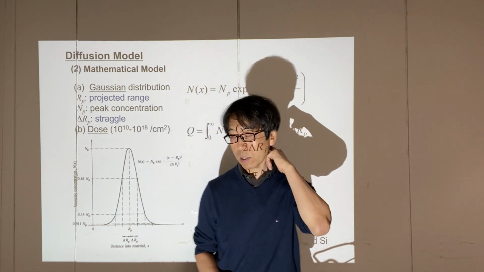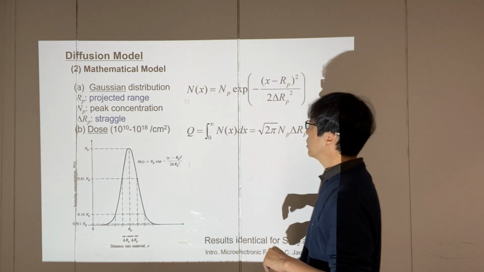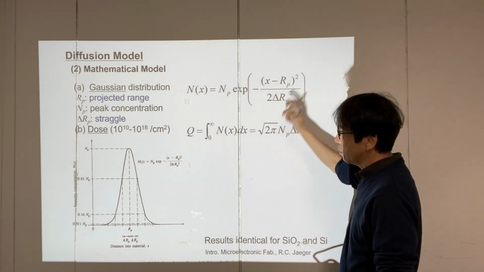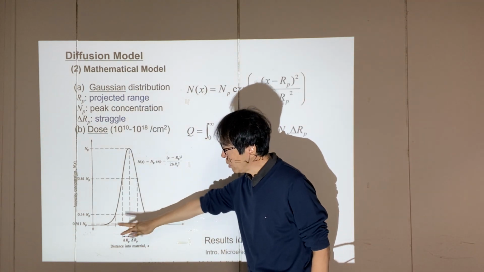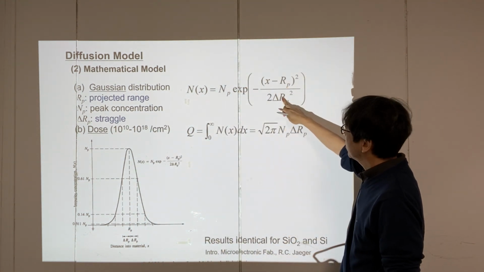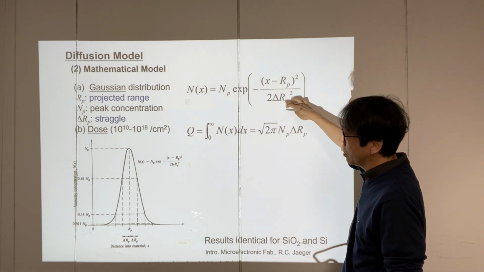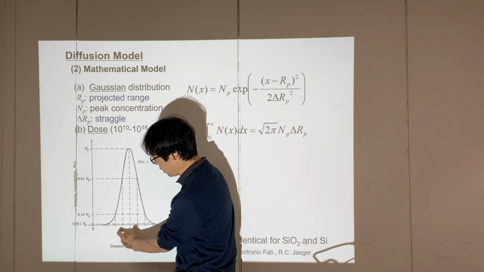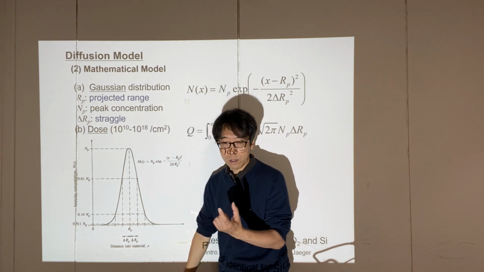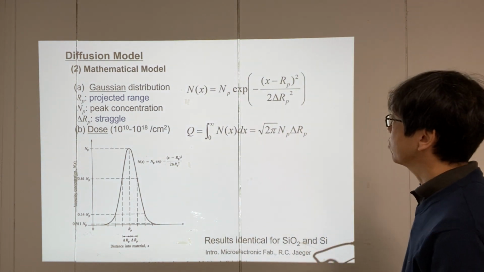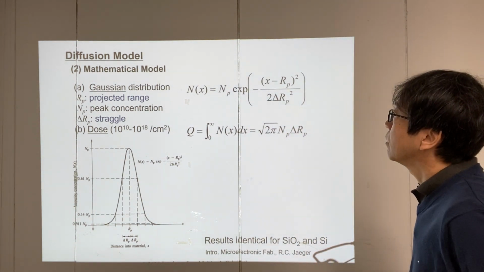Everything is a statistical function. RP is the mean value of this scatter, and delta RP is the deviation. You can calculate this deviation using the knowledge of statistics, right?